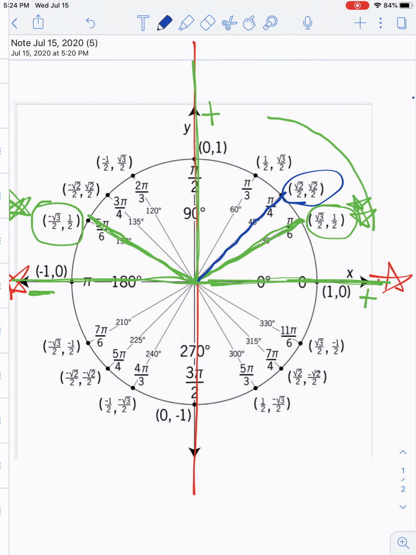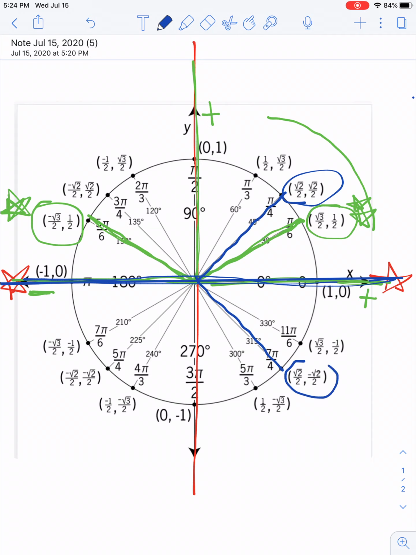So we're going to fold it along this blue line right here. So if you fold it along the blue line, you would see that that angle of 45 degrees would match up with that angle of 315 degrees.